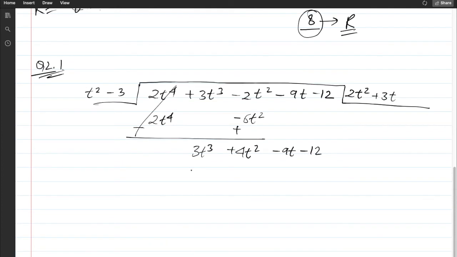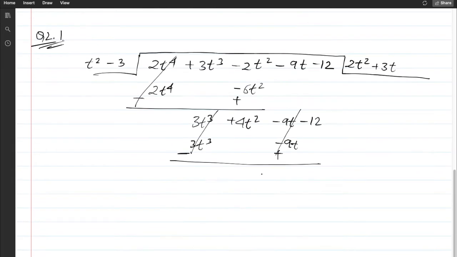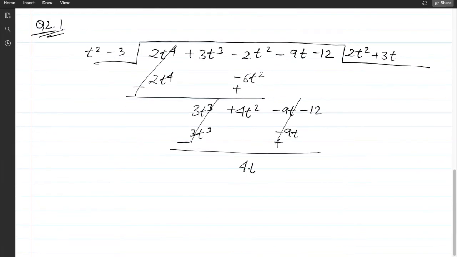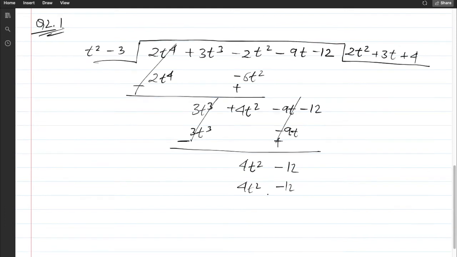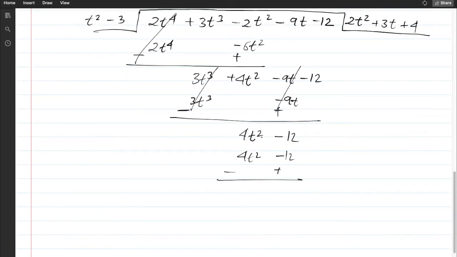So I will get 3t^3 and minus 9t. I can place it over here, the sign will reverse, and this will be 0, and this will also be cancelled out. So you will get an expression like 4t^2 minus 12. Now I need to convert t^2 to 4t^2, so I need to multiply it with 4. So I will get 4t^2 minus 12, and these will cancel out, and you will get 0 as a remainder.